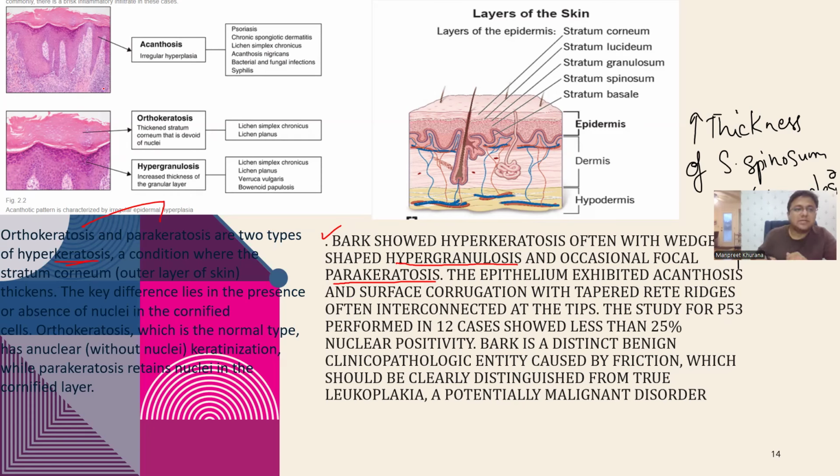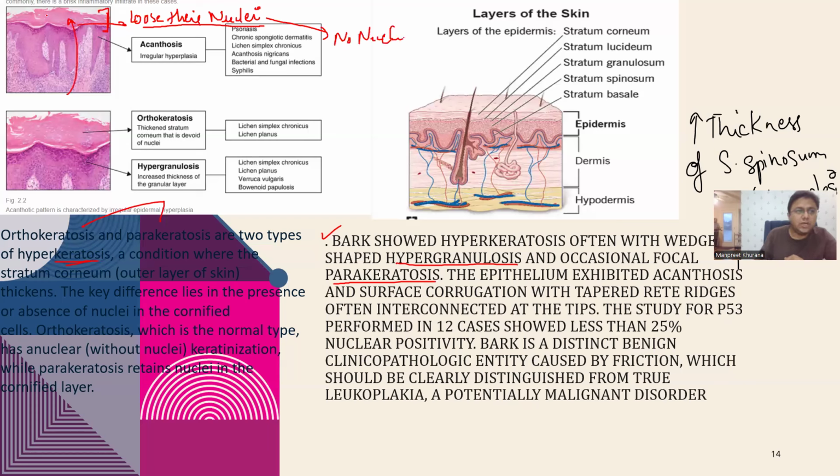So what happens is when the keratinocytes mature, when they go to the stratum corneum, the outside layer, they normally lose their nuclei. Now, orthokeratosis is thickening, but it is a normal type of keratosis, where no nuclei are present.